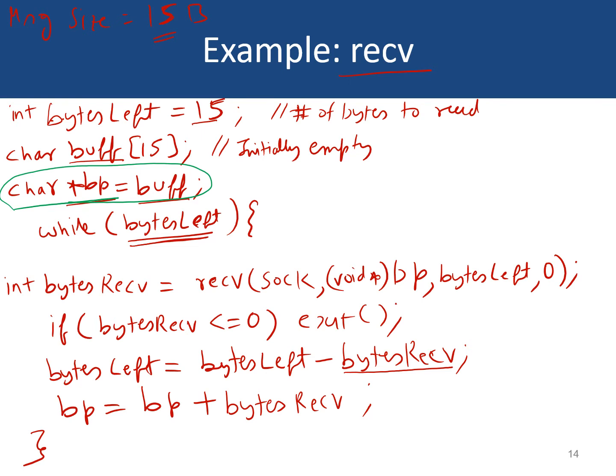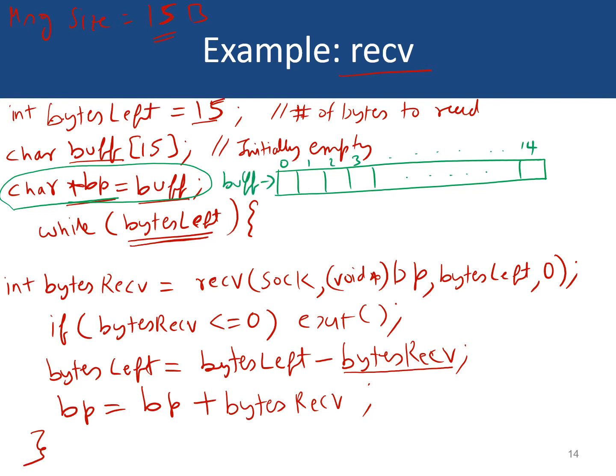To help you visualize the execution of the program, let's assume that this is our buffer that has space for storing 15 bytes. So the beginning of this buffer is basically here. This is the 0th element of the buffer. Initially, when the program begins execution, the character pointer BP would be pointing to the 0th element of the buffer.